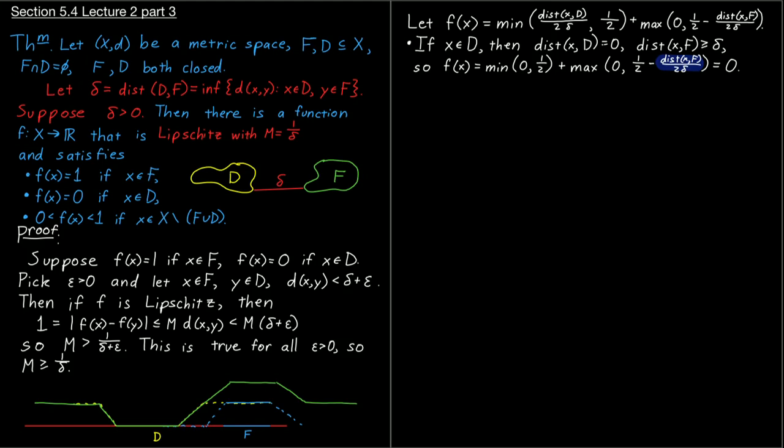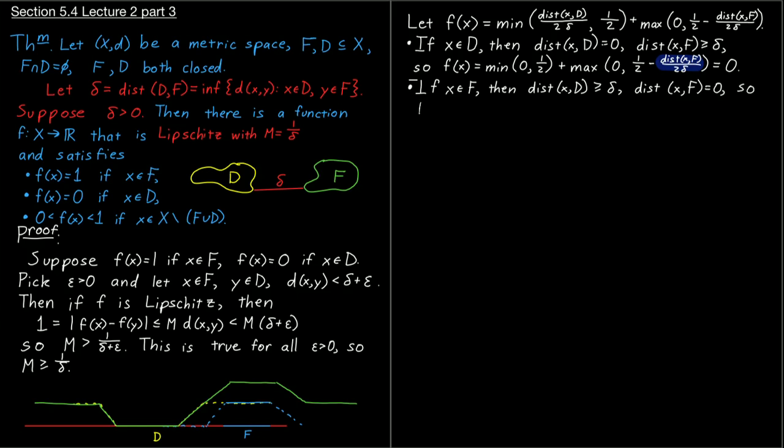And similarly, if x is in f, then the distance from x to d is at least delta. The distance from x to f is 0.